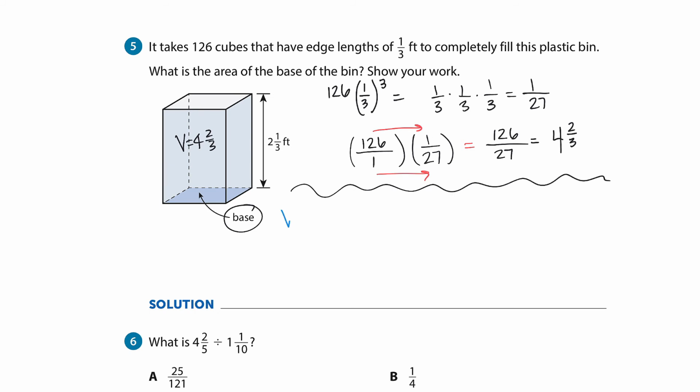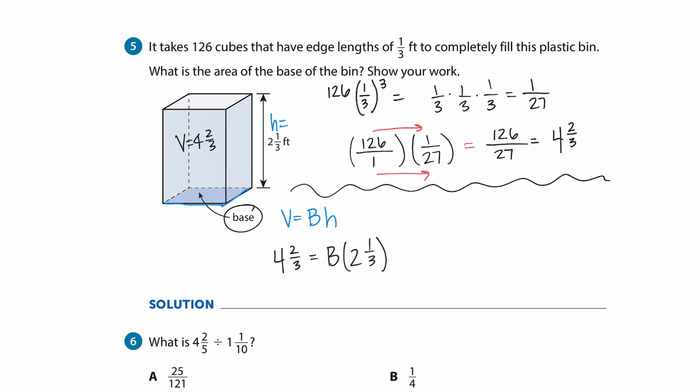We're going to use the formula volume equals big B, base, which is length times width, times the height. Okay, and we know our volume, which is 4 2/3, equals base, we don't know that, times our height, which is 2 1/3.